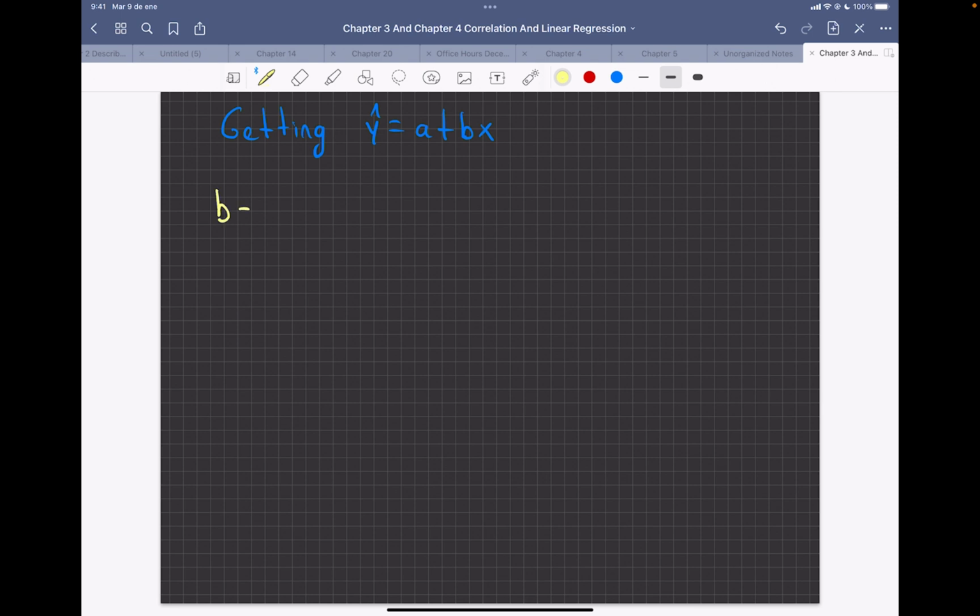B is going to be computed by using the formula: the correlation coefficient times the standard deviation of y divided by the standard deviation of x. And once you have B, you can compute A. A is going to be equal to y bar minus B times x bar. Be careful.